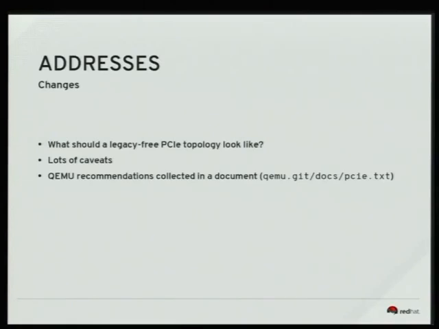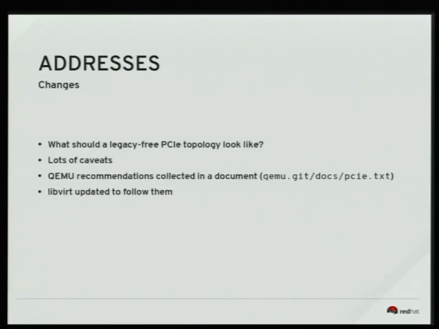This document is now part of QEMU.git, so it's a living document that we can update whenever we feel like there are better ways to do whatever we are doing. And most importantly, we can use that as a blueprint. And so we could update libvirt to follow the recommendations outlined by the QEMU folks. And that's what we did.